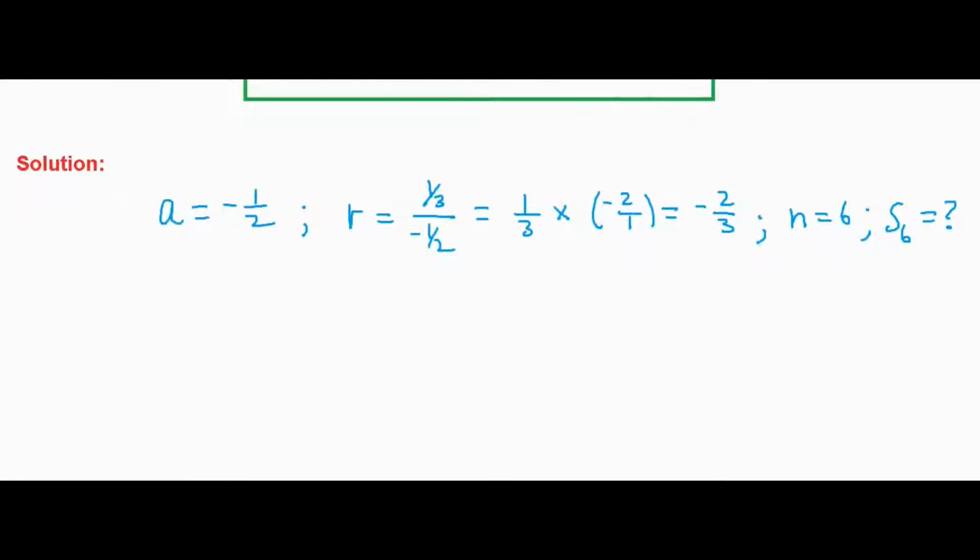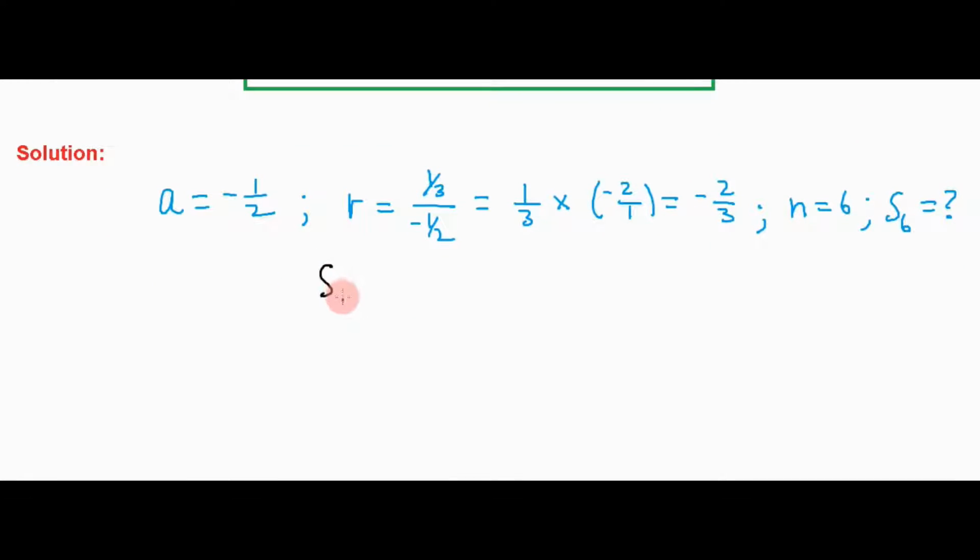So using the sum formula, S sub n is A into R to the n minus 1, and this is all over R minus 1, and we can substitute in our values.